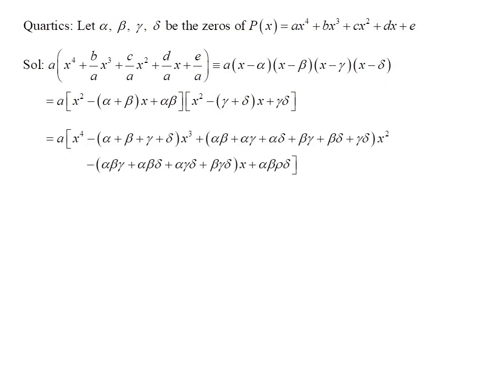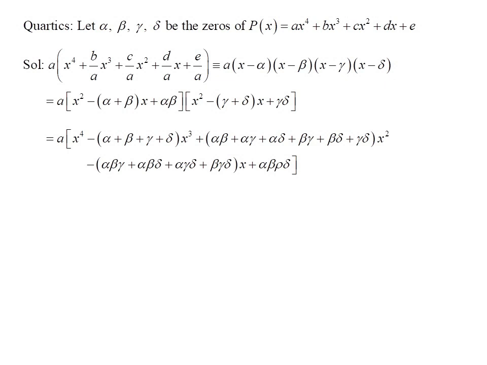Since all the zeros of this polynomial are given, the standard quartic polynomial is said to be equivalent to the leading coefficient a times the product of (x minus alpha) and (x minus beta) and (x minus gamma) and (x minus delta).